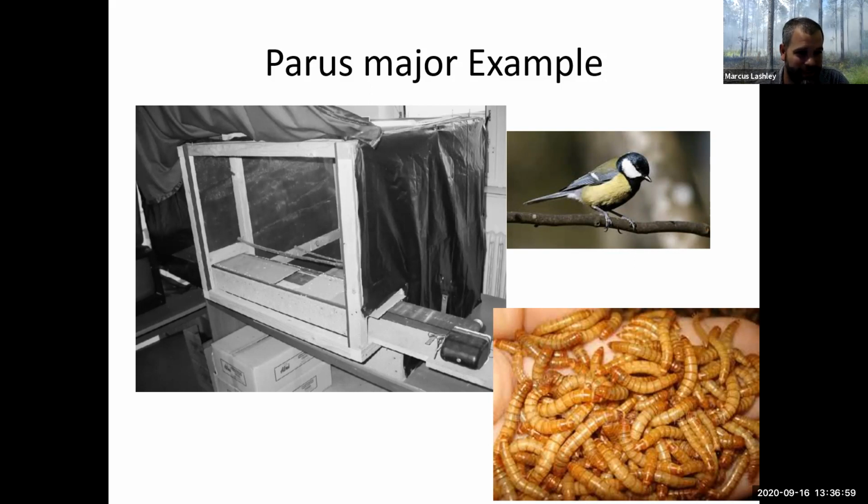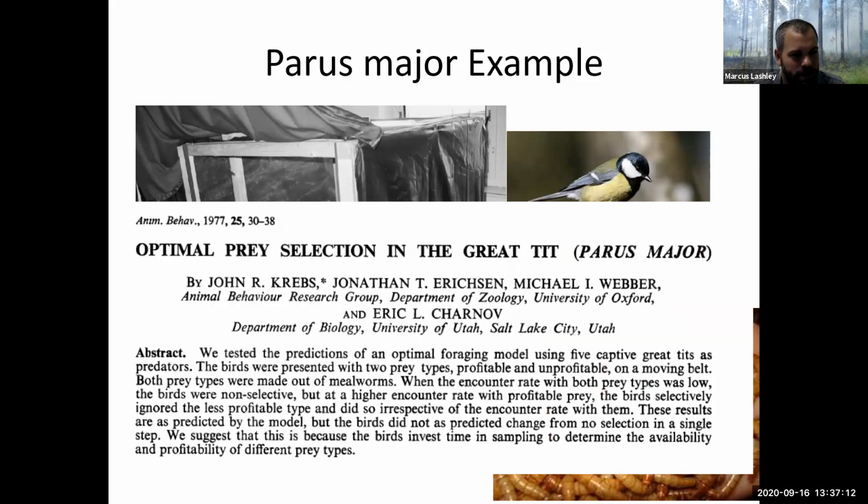They literally put them in this little box with a conveyor belt, run at different speeds, to see how handling time was affecting its choice between the best prey and the smallest or least profitable prey. And they found some really cool stuff. Some of the predictions of the optimal model had some problems.